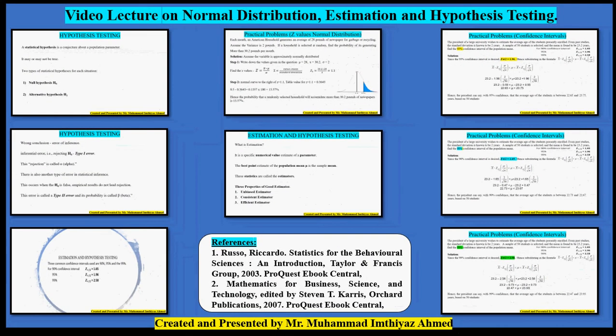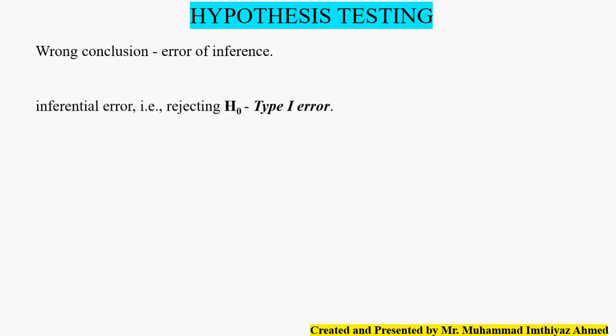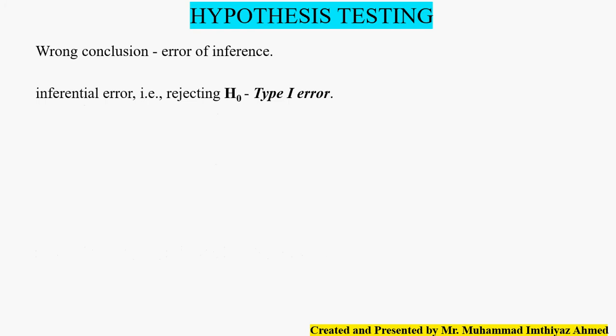Further, with regards to hypothesis testing, drawing a wrong conclusion is called an error of inference. This type of inferential error, rejecting the null hypothesis when it is true, is called type 1 error. Usually, this rejection probability is called alpha.